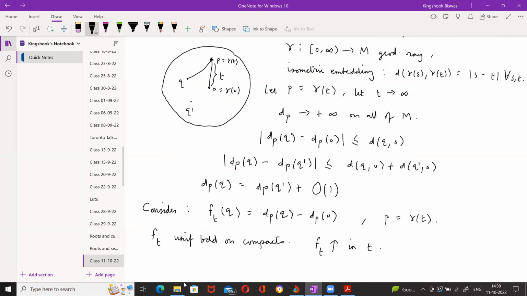Therefore, being bounded and monotone increasing, it converges to a limit. That limit will be a Busemann function associated to the geodesic ray gamma. I'll say more about this in the next session. Let me stop here. We're out of time.